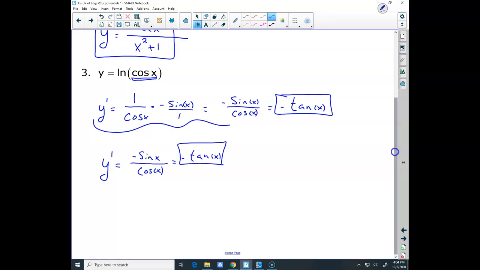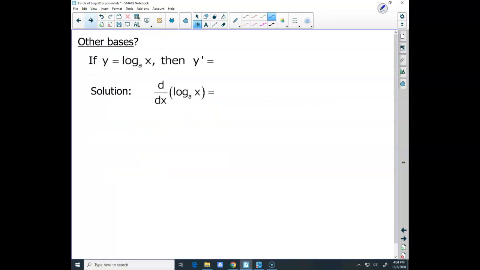And from there, what happens if it is not a natural log? Well, it's not a big deal because I know the derivative of the natural log of x equals 1 over x, all right?